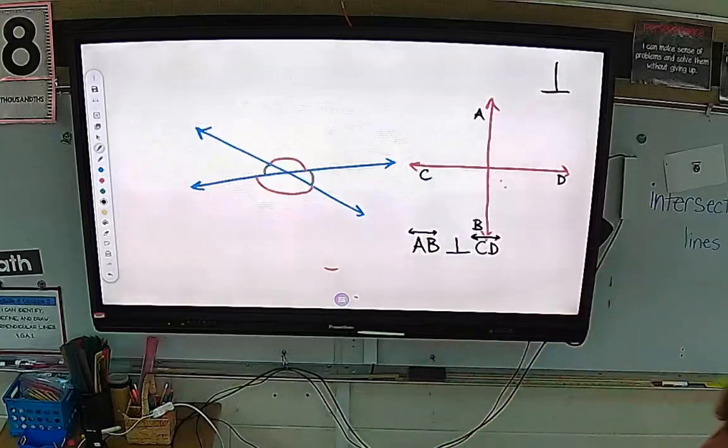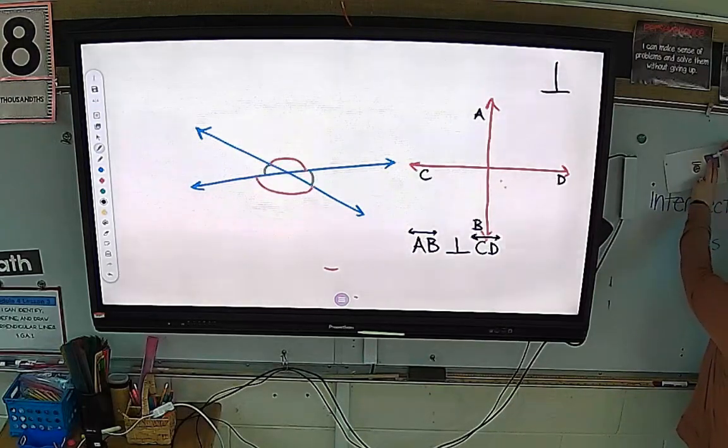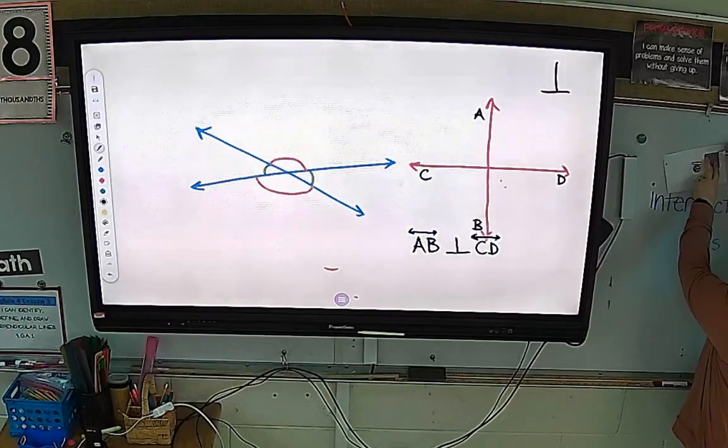This right here is why some of your templates have a little bit of marking on them. So if you would take your pencil, we're going to trace around the right angle corner, not any of the rounded corners.